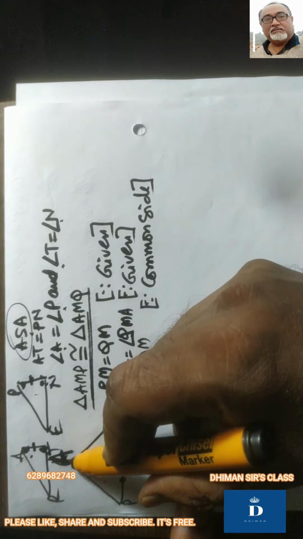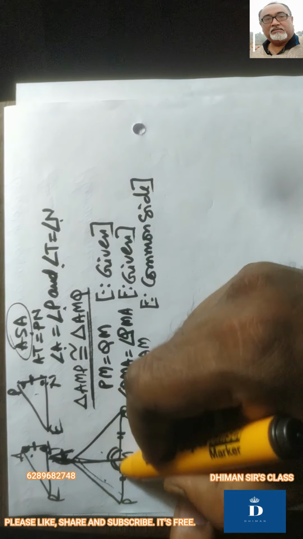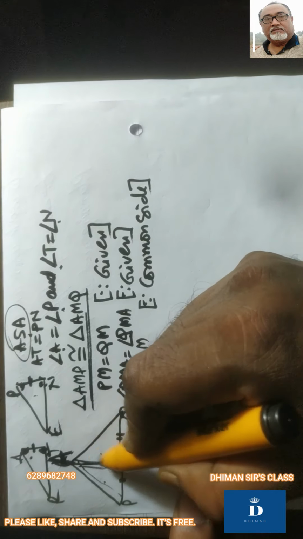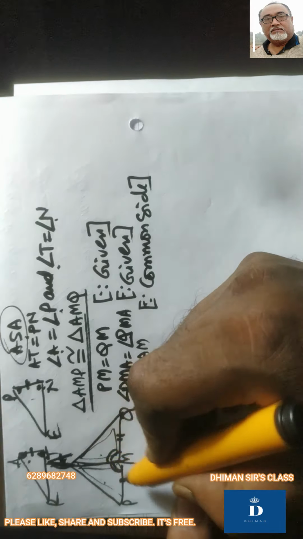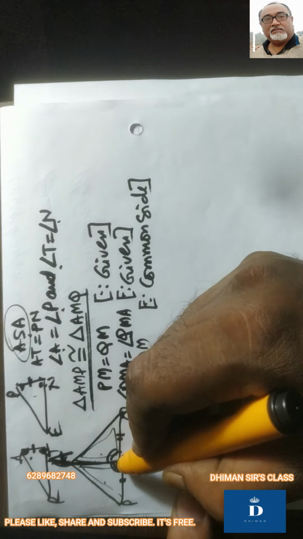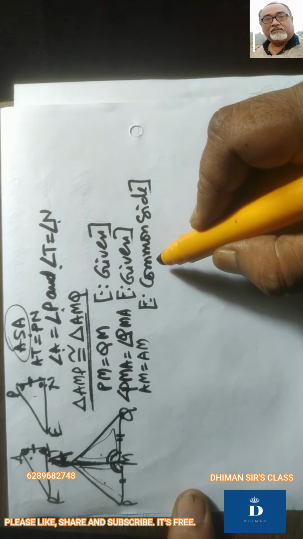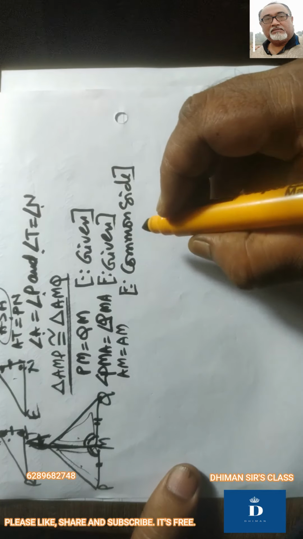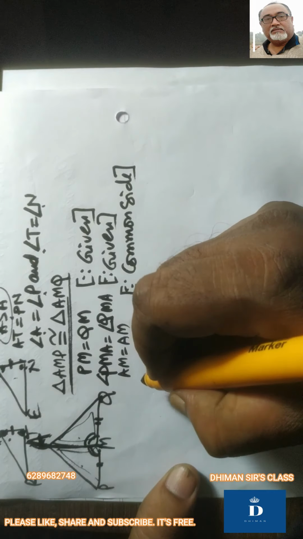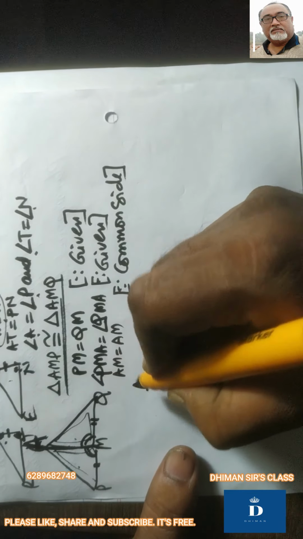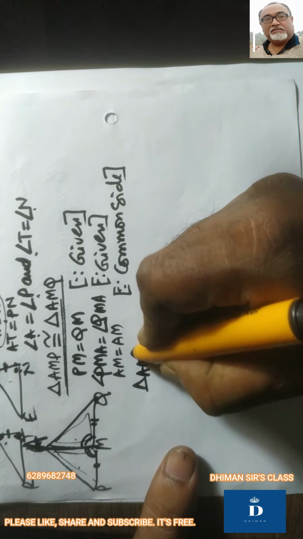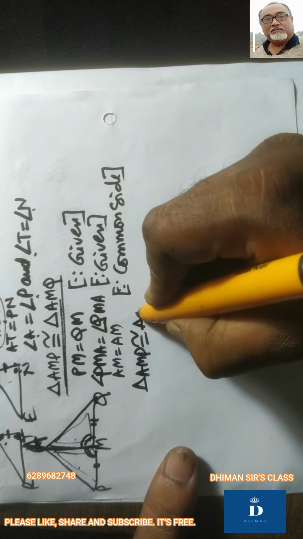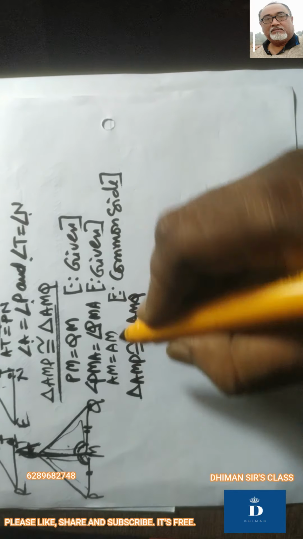Why? See, this side AM is attached with this triangle. Again AM is attached with this triangle. And AM is equal to AM because this is the common side. And then triangle AMP is congruent to triangle AMQ. That is already given here.